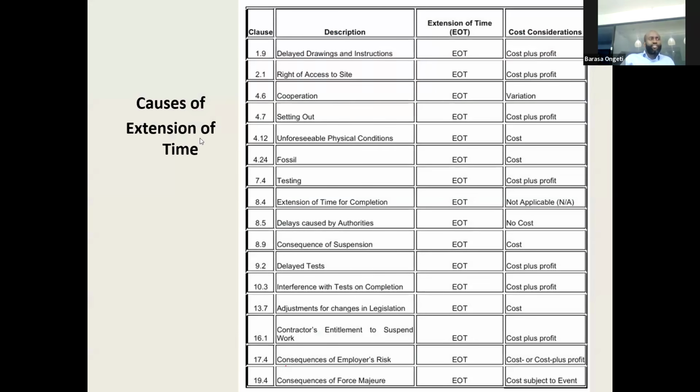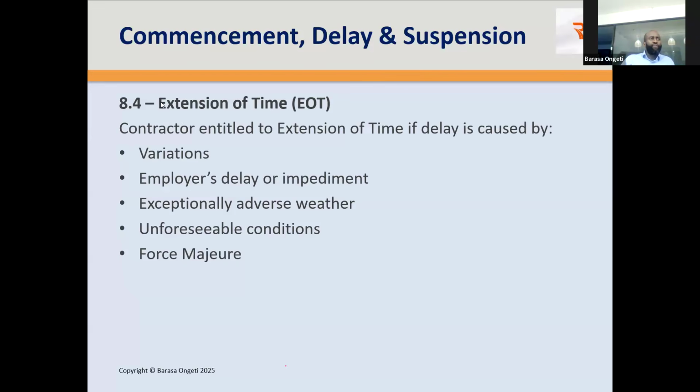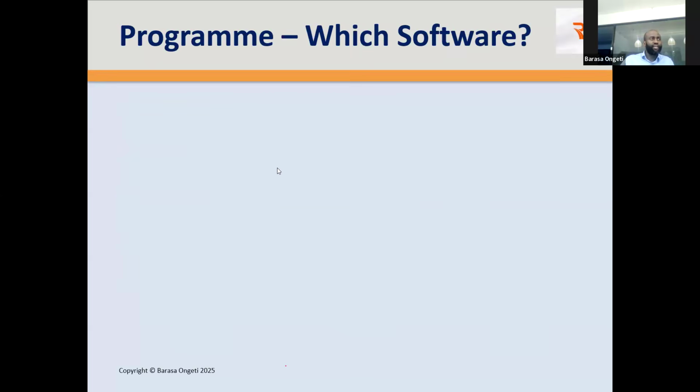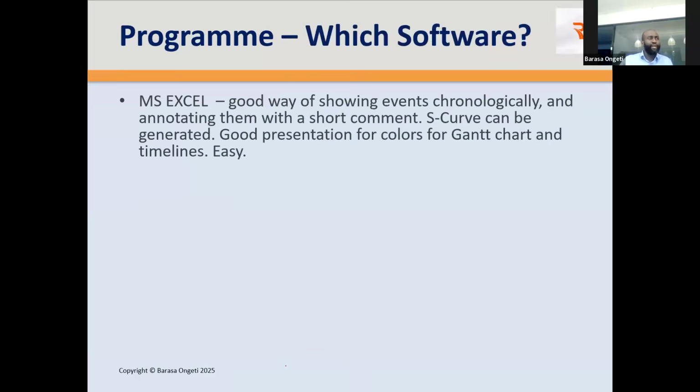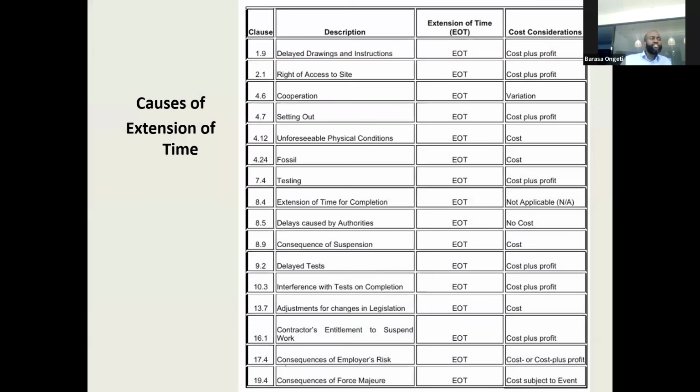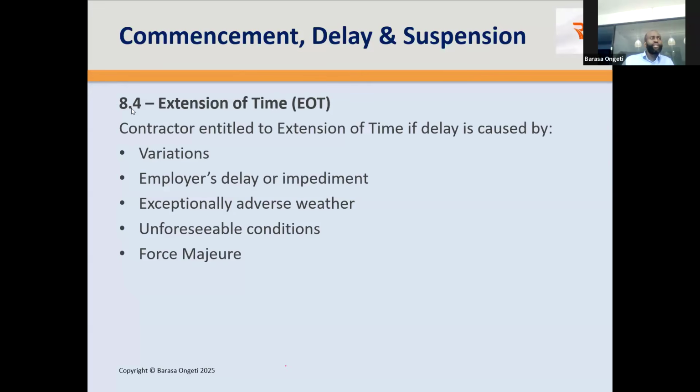What are the clauses which, so here, now, this is not the wording of clause 8, I've summarized it. All this is not the wording of the contract, by the way. I've been paraphrasing. But if you look at the wording of subclause 8.4, it says the contractor shall be entitled to an extension of time under any clause in these conditions.